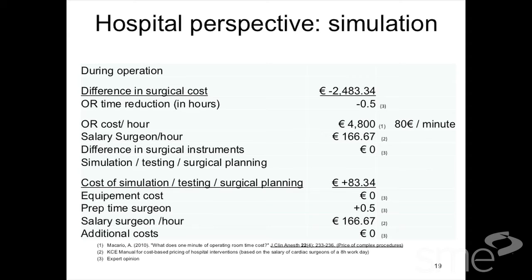Against that, we have the more preparation time. And there, the experts stated that no extra costs needed to be made, and there was no equipment needed for that. So only the surgeon's salary was a cost to take into account, which was 33 euros in that case.